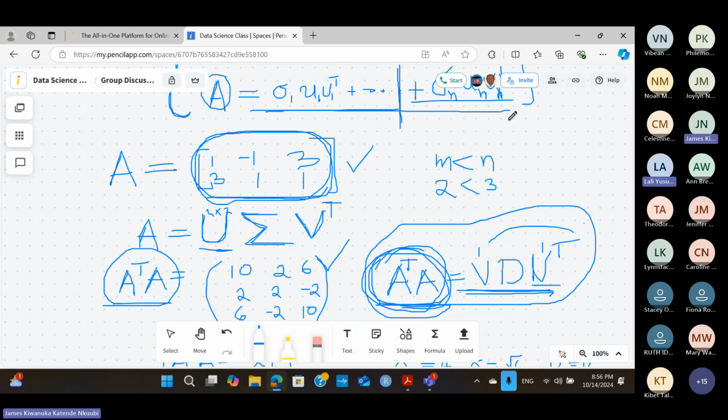So in a correlation matrix, what happens? What is on the diagonal is the variances, right? I understand. And the variances will all be positive, or at least 0.